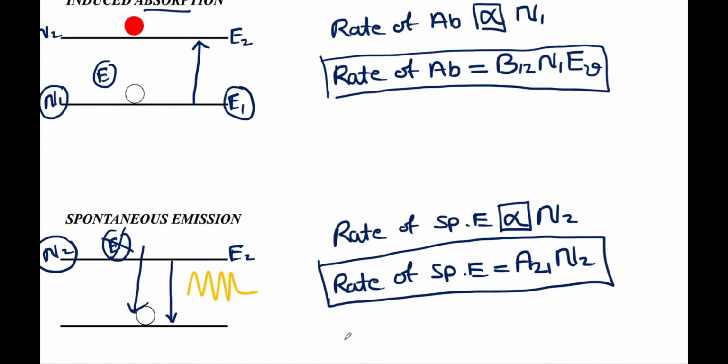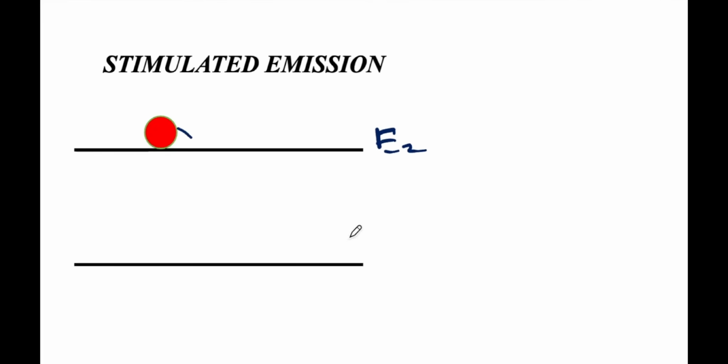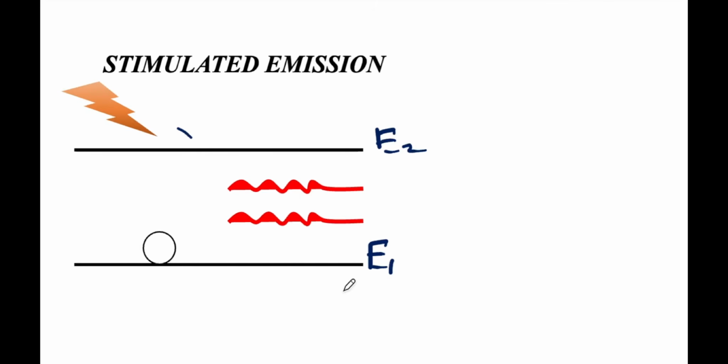Let us see the next slide, where there is stimulated emission. In this case, once again the electron is present in the E2 level. We need to stimulate this electron to make a transition from the higher state to the lower state. While it comes back from E2 to E1, the electron emits all the radiation it has, and that means we will get laser light.